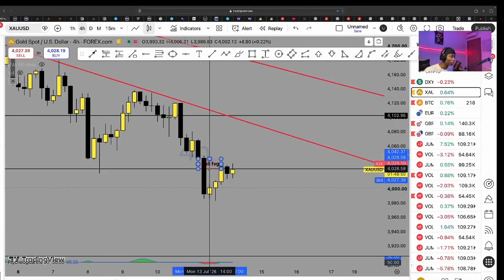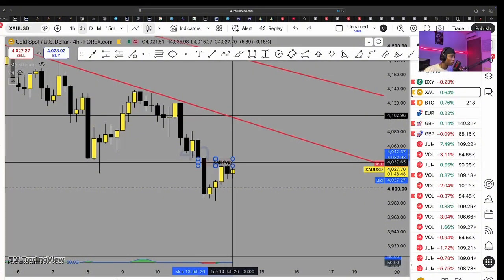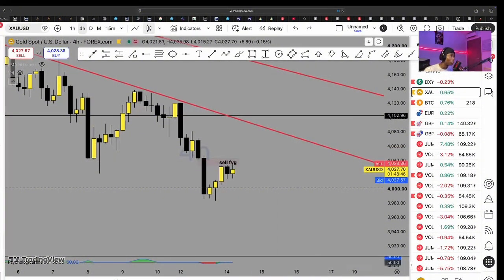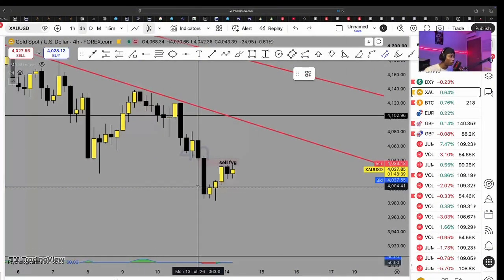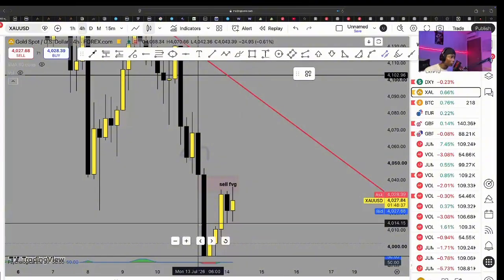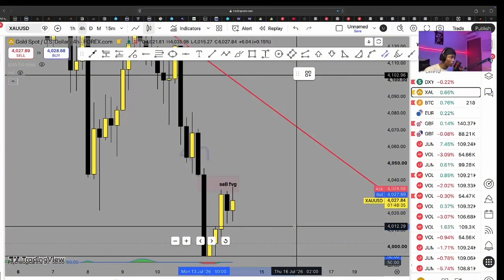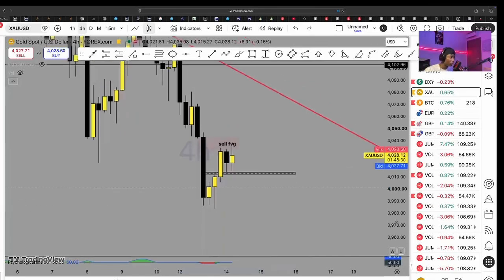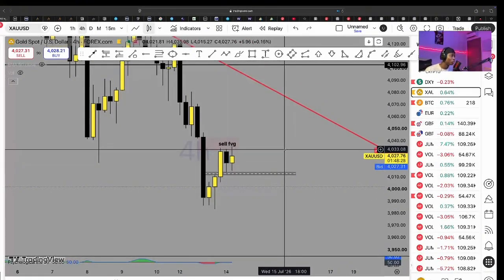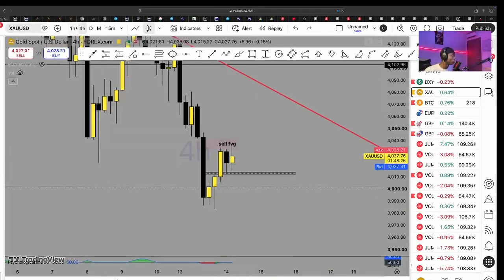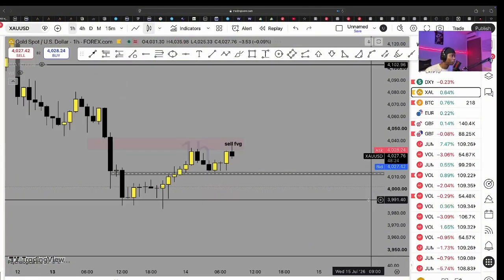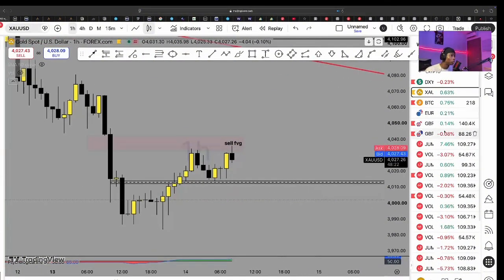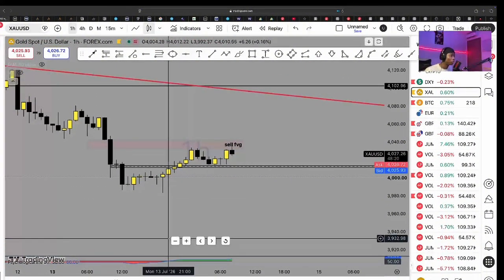I can see something on the 4 hour. If you zoom in a little bit, you're gonna see we had a gap at this point. That's an imbalance. So we just need to move down to the 1 hour time frame. As you guys can see, this is the 1 hour time frame.